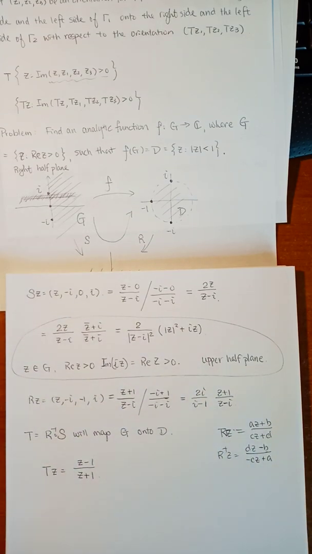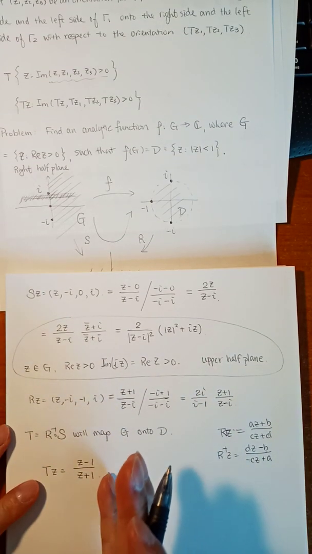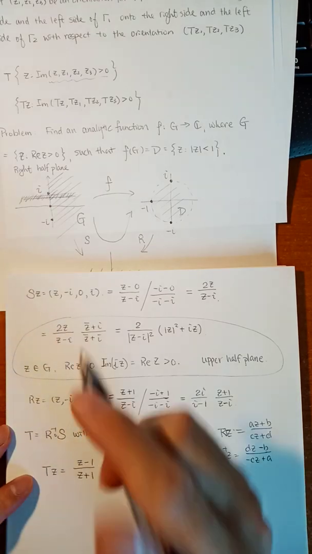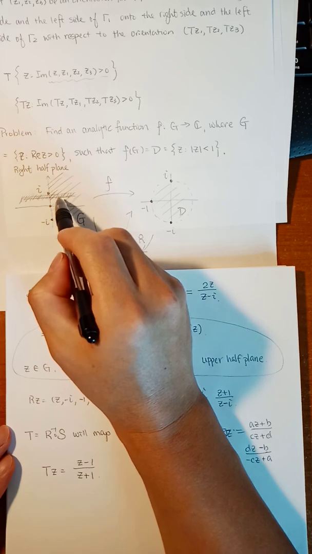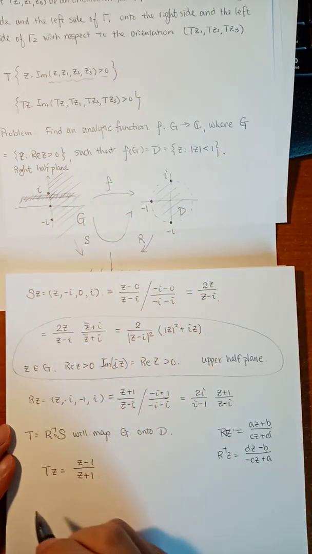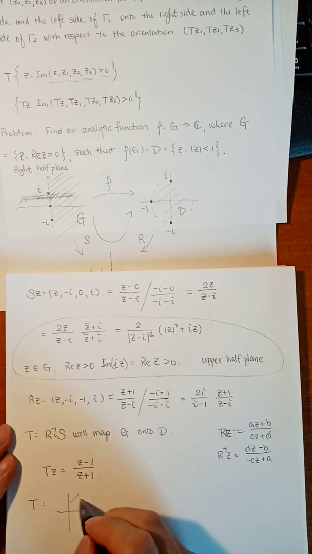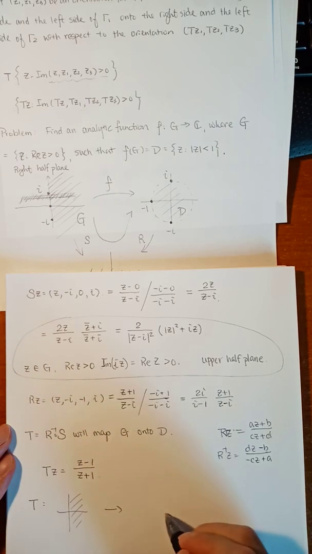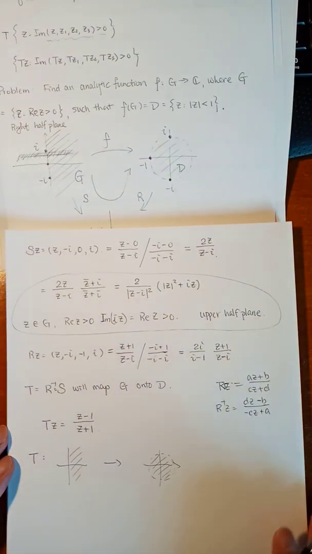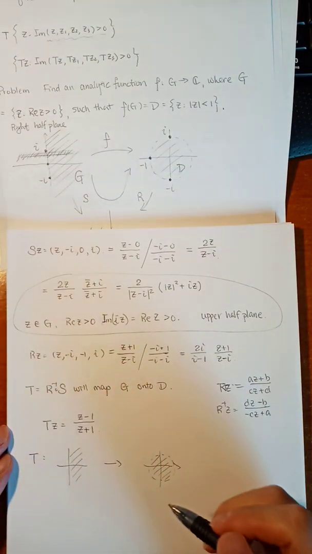Okay, so this is a Mobius transformation from the right half plane to the unit circle. It's better for you to keep in mind.